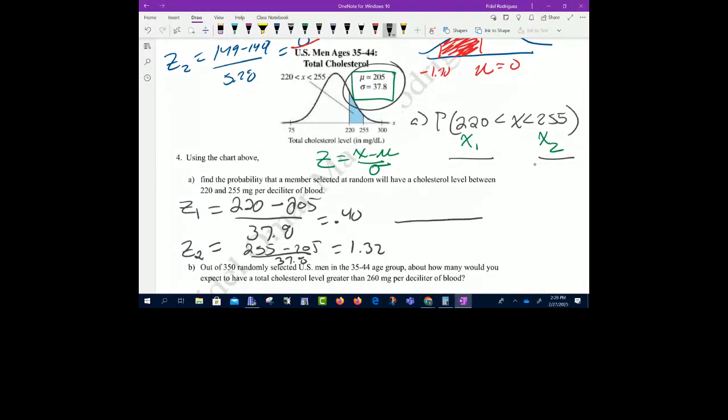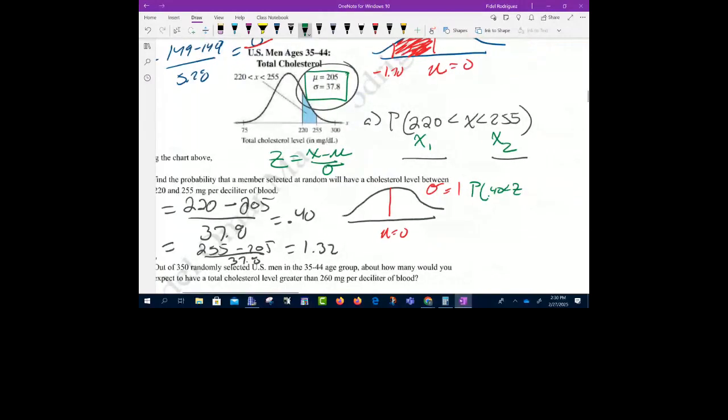Okay, now y'all, just to give you a visual, in my standard normal distribution, my average is 0. My standard deviation is 1. Look where we're going to start. We're looking for the probability that our z-score is between 0.40 and 1.32. So right here, 0.40, somewhere over here, 1.32. That's the area right there that we're looking for, okay?